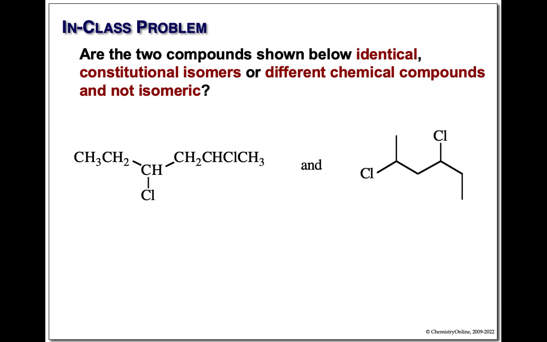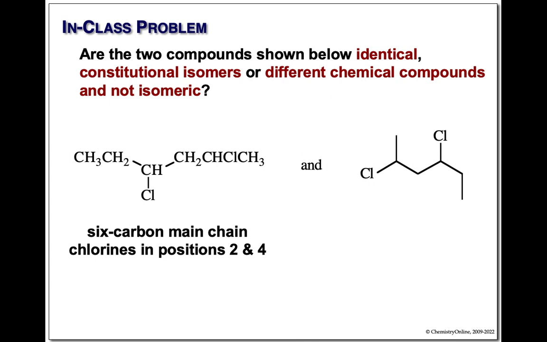So, in this one, we have a main chain of 1, 2, 3, 4, 5, 6 carbons. We have 2 chlorines. One of these is in carbon 3. Oh no, I guess it'll 1, 2, carbon 2. Fluorines in 2 and 4.